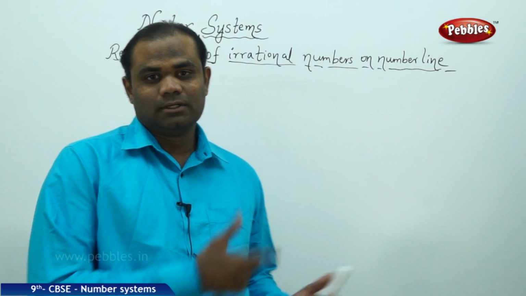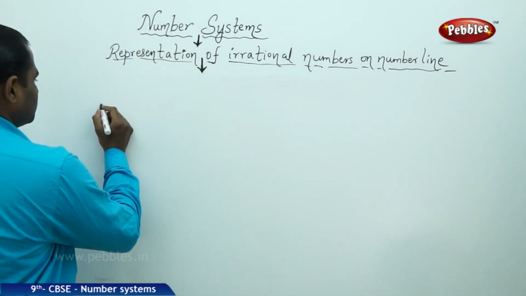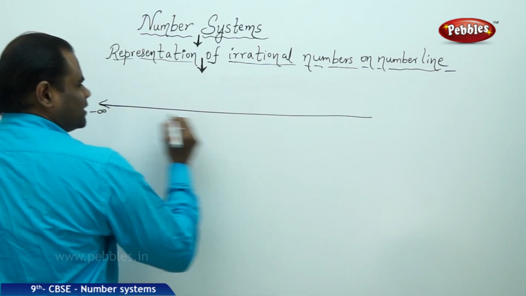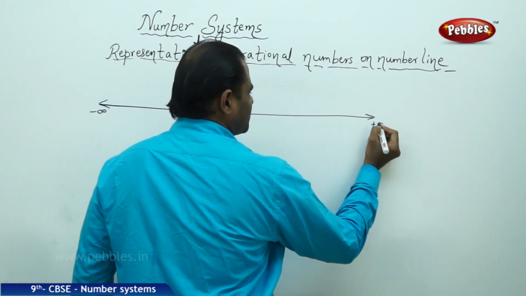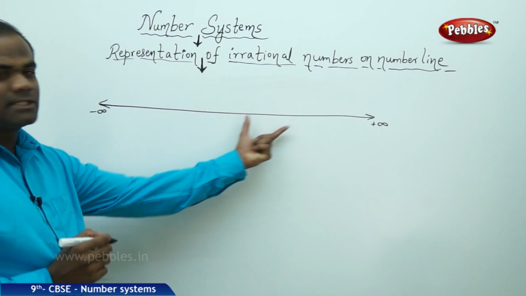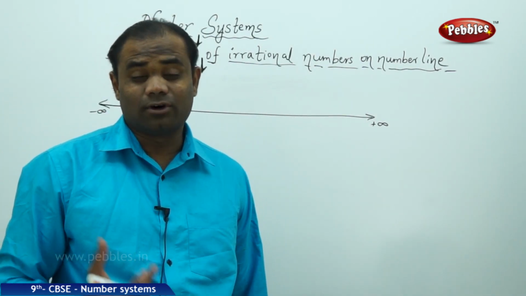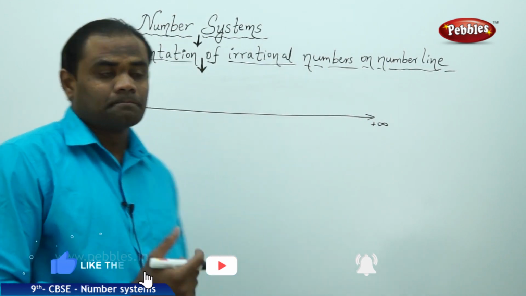So here is the real number line, which extends from minus infinity to plus infinity, with all the points on this line being the real numbers of the number system.